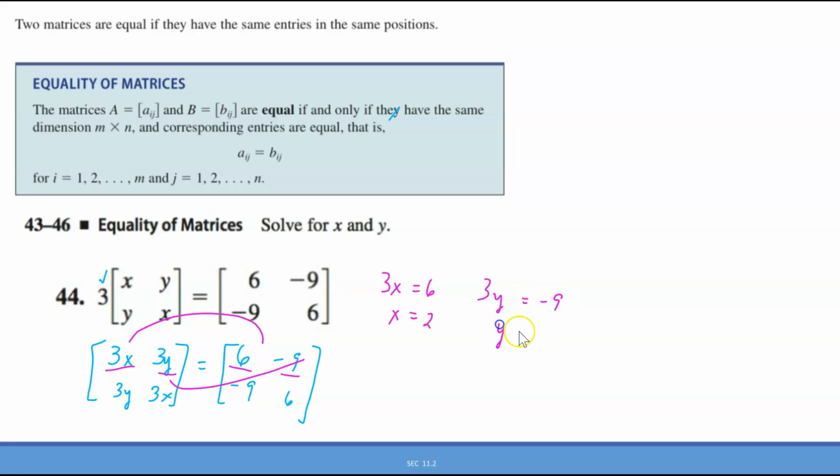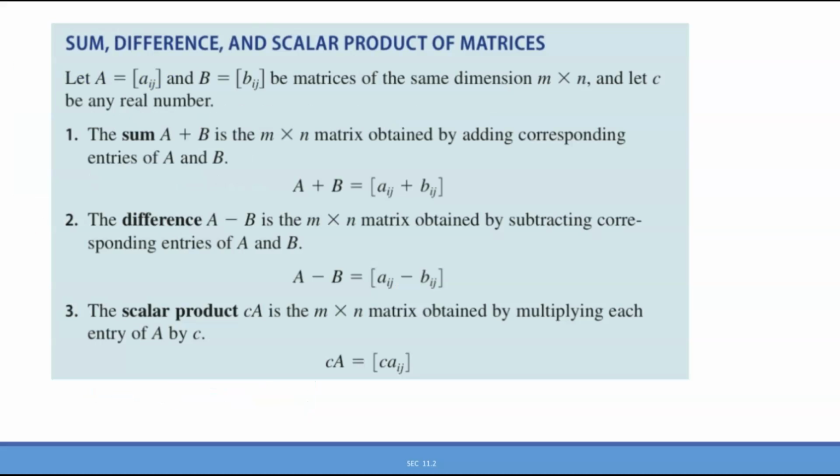If I divide both sides by 3, we get y is equal to -3, and that's what they want as our solution. x equals 2, y equals -3. That would be called the scalar product of matrices. If we look at the scalar product, every constant or scalar is multiplied by every entry inside of the matrix.